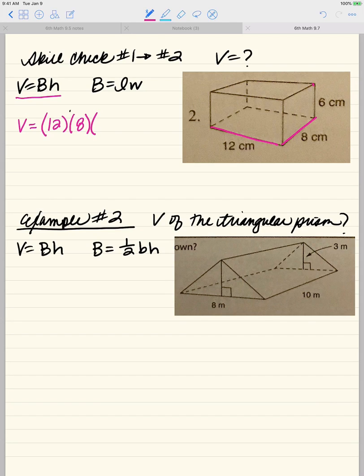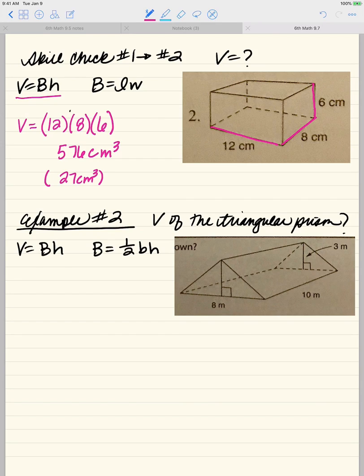And then lastly our height, 6. So we have 12 times 8 times 6, and that gives us 576 centimeters cubed. If you'd like to challenge yourself by doing box skill check number 1, you should get 27 centimeters cubed.